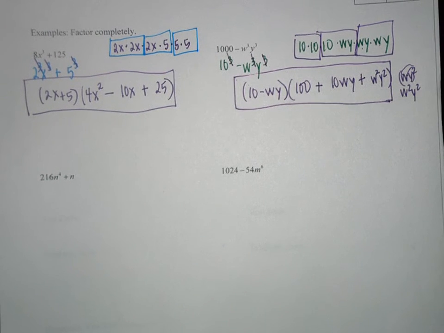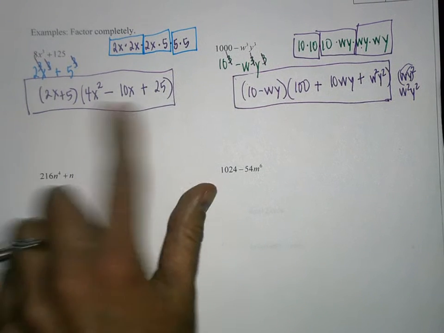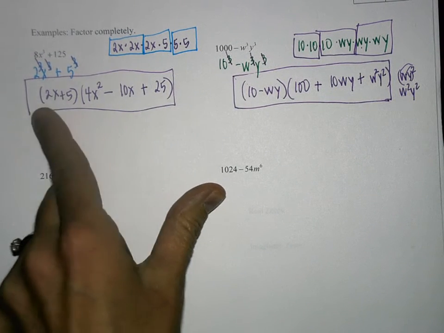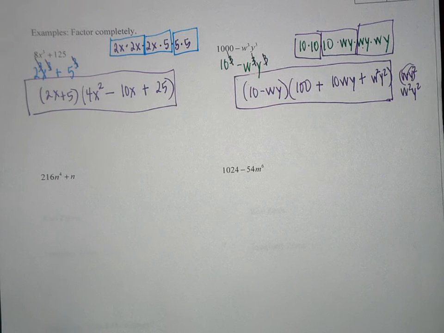Okay, so what do you notice about negative signs as well? How many negative signs are in this answer? 1. So when you're factoring by cubes, another double check is to make sure that there's only one minus sign. And if you have more than one minus sign, then you probably did something incorrect and you need to go back and check. Okay, are you guys ready to try one on your own?